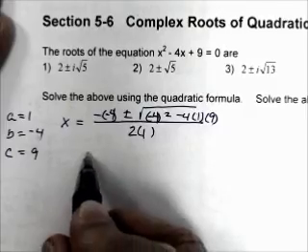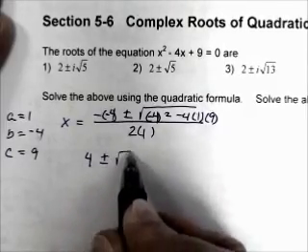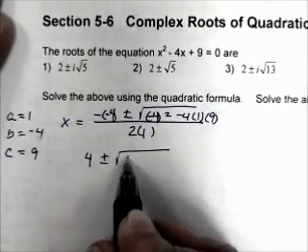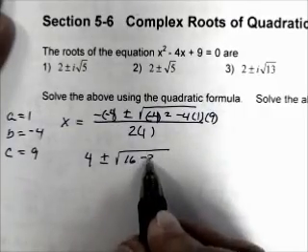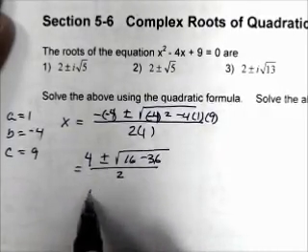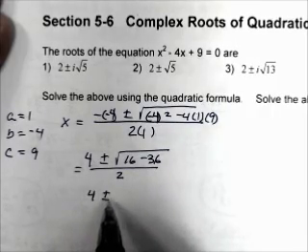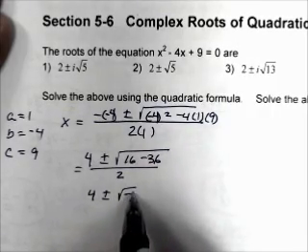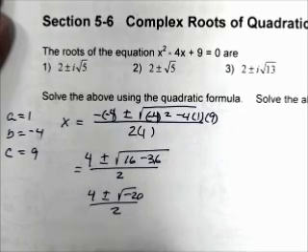Double negative is going to be positive. 16 minus 36. So this is 4 plus or minus the square root of -20 all over 2.